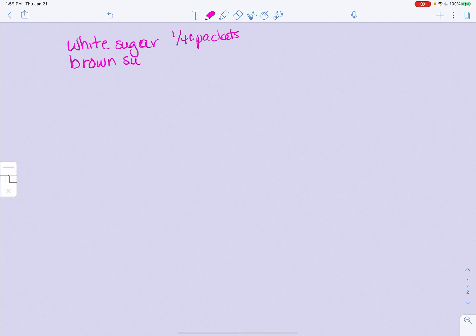The white sugar comes in 1/4 cup packets, and the brown sugar comes in 1/2 cup packets. Refer to the table to know the total amount of each sugar for each student.